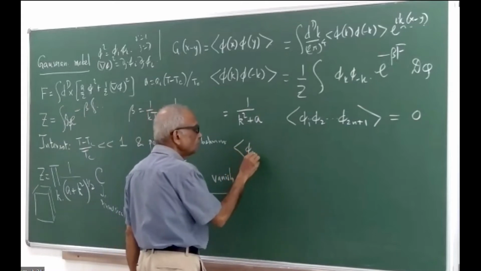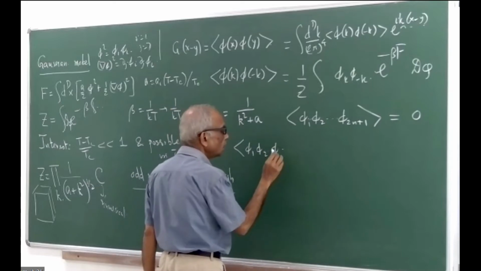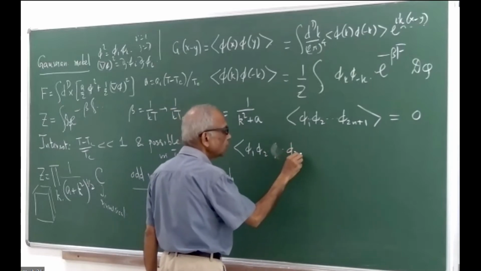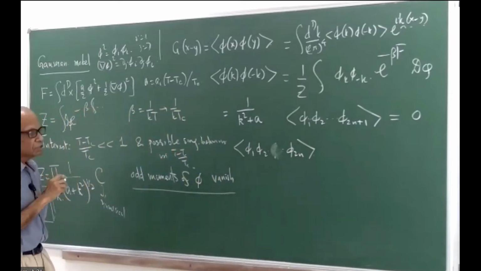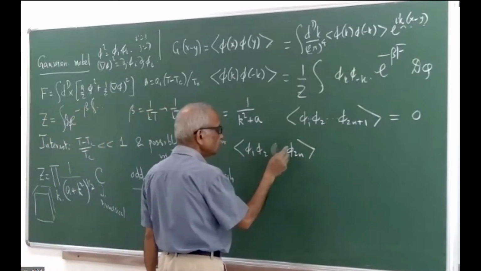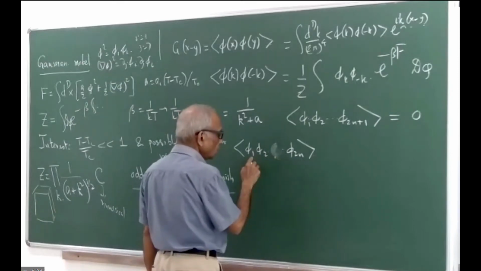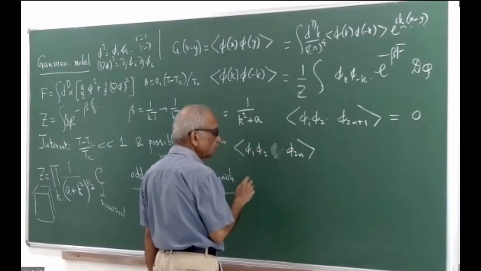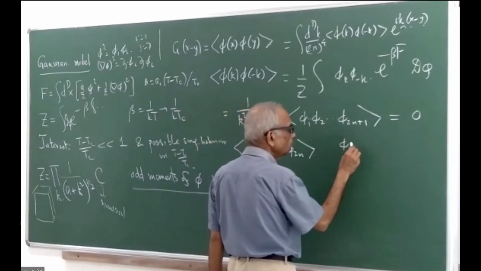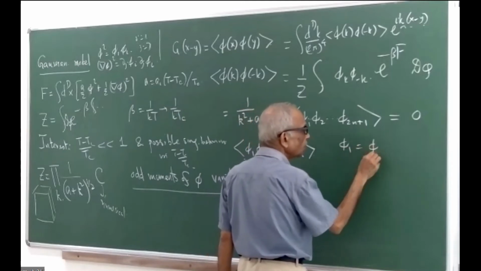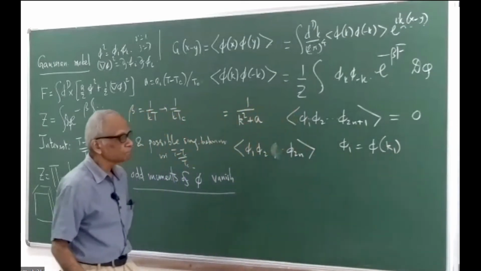But phi1, phi2 all the way up to phi2n has to factorize. The 1, 2 to 2n over here means that the meaning of phi1 is phi of k1 and so on.